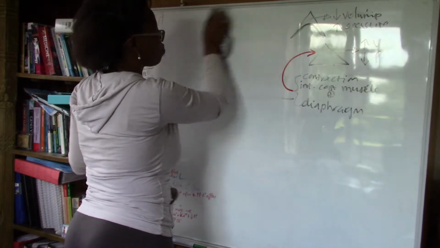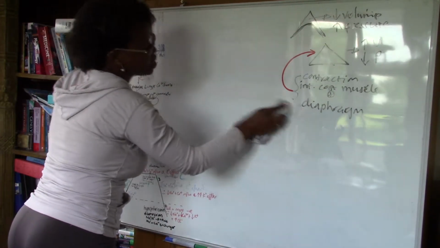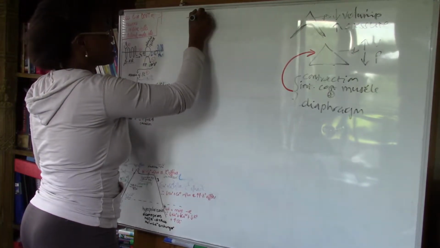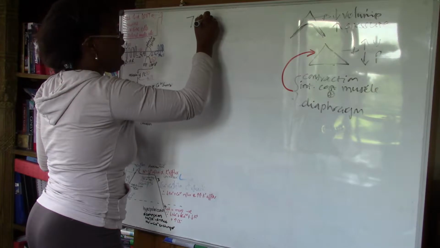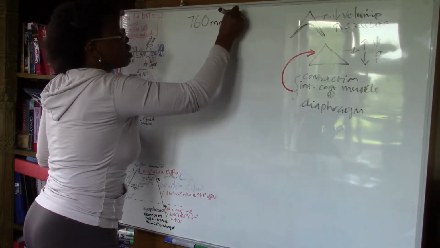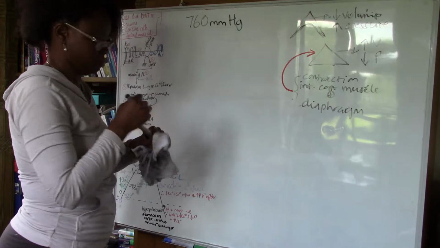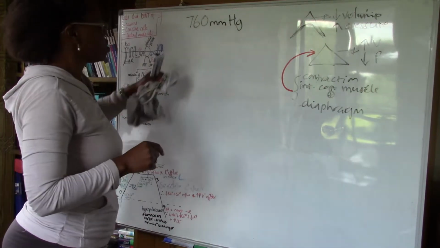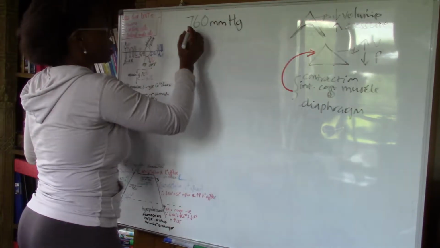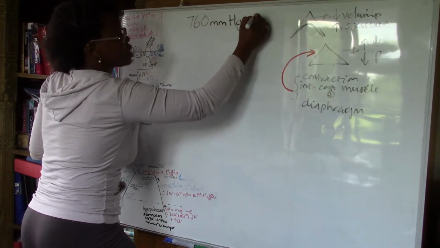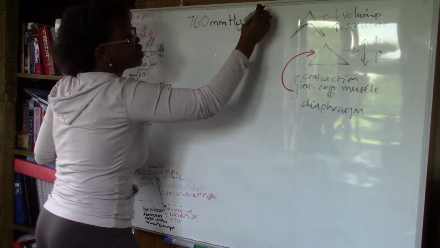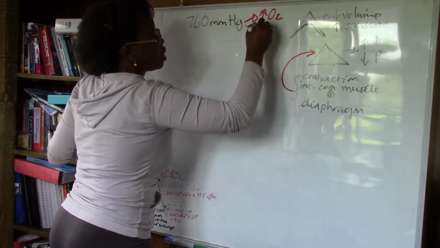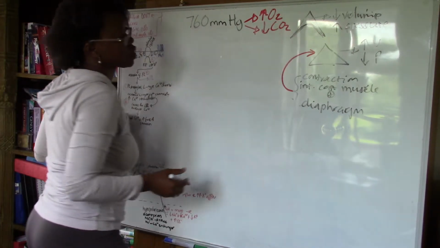So when I talk about pressures, we are relating all these pressures in the lungs to the atmospheric pressure, which is around 760 millimetres of mercury. This atmospheric pressure is rich in oxygen, and it has low CO2.